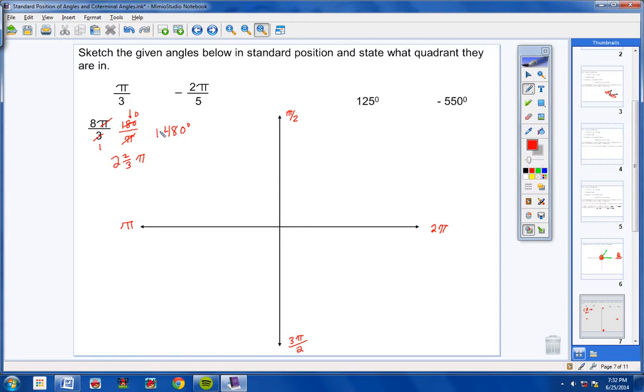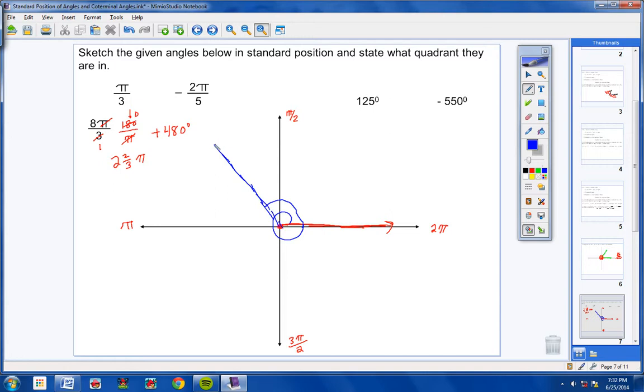Now, it is a positive 480, so we're going to start our terminal side right here, and we're going to rotate 360 degrees, and then 90 more would be 450, and then 30 more would be 480 degrees.